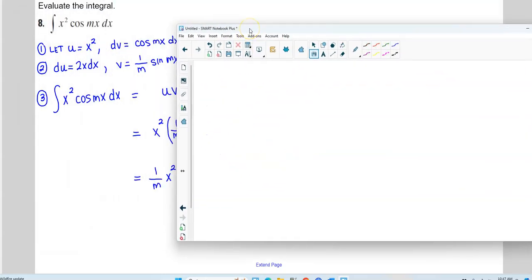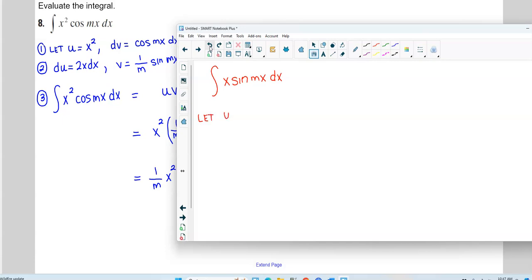So we want to find the antiderivative of x times the sine of mx dx.